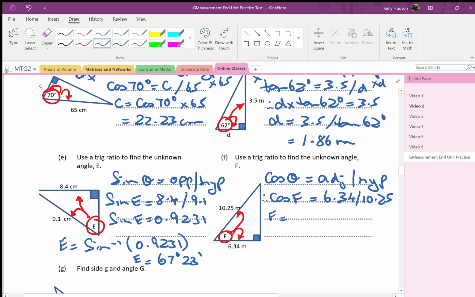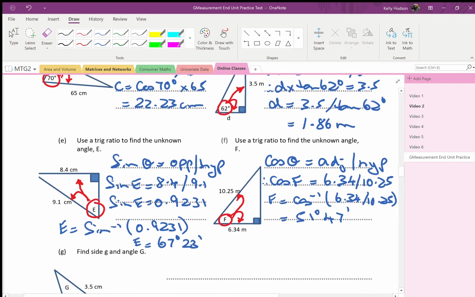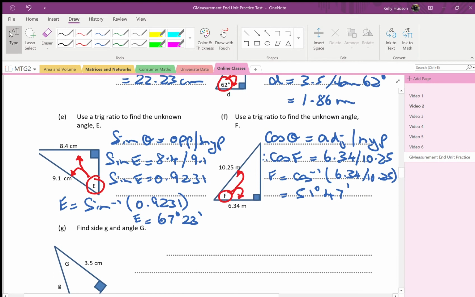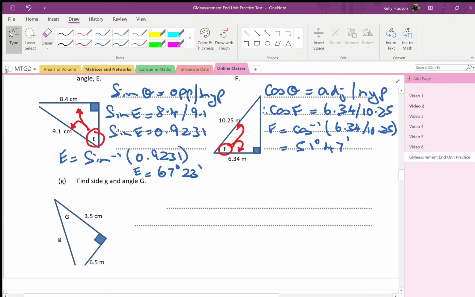F is equal to inverse cos to the minus 1 of 6.34 divided by 10.25, and that's 51 degrees and 47 minutes. Once again, if you get a decimal, 51 point something degrees, that's okay. So that's the cos one, and the last one.